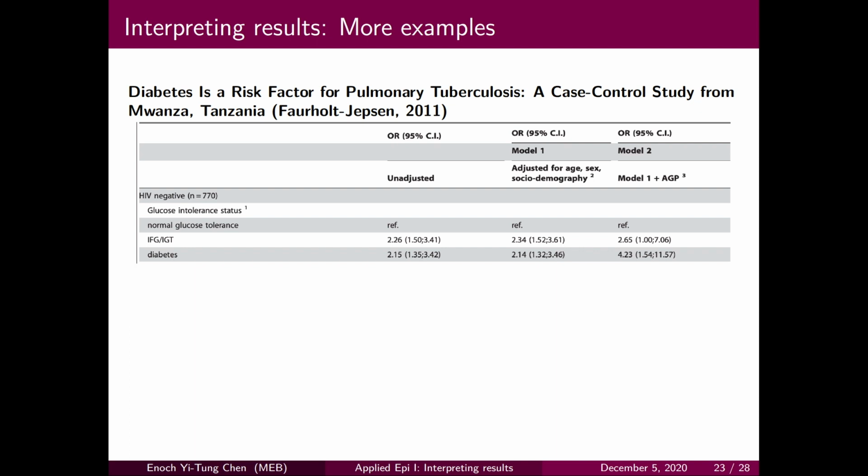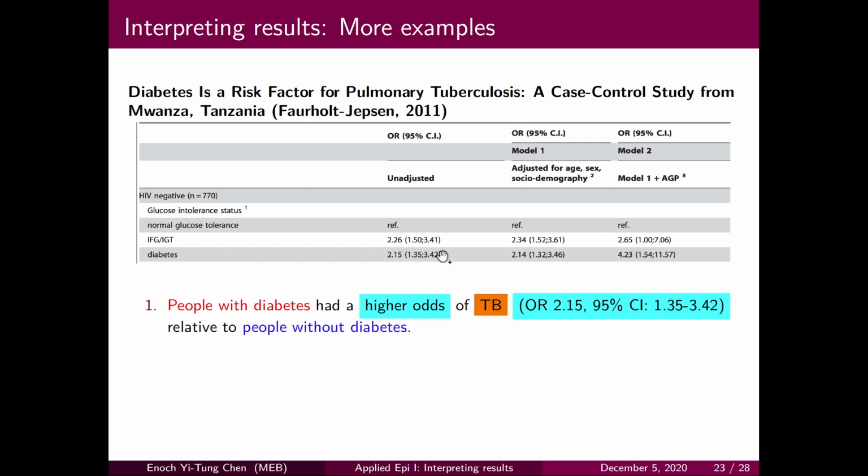I'm happy to give you more examples. This is a case control study. The exposure is diabetes, and the outcome is tuberculosis. Let's take a look at this cell of odds ratio. It tells that people with diabetes had higher odds of having tuberculosis in comparison with people without diabetes.